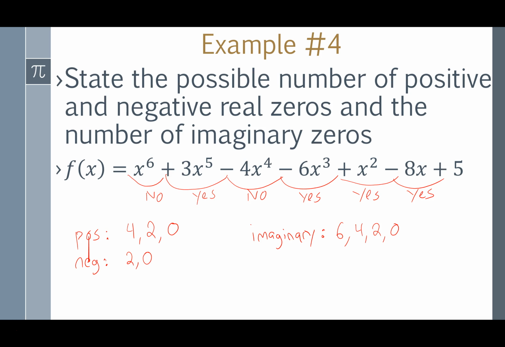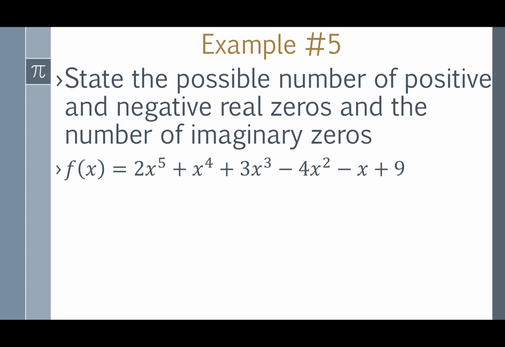Imaginaries will always come in even numbers, because they have to have their conjugate as a solution. So you'll never have an odd number of imaginary solutions, because that will not give a polynomial function. So if we have this one right here, again, we're counting yeses. So no sign change, no sign change, yes, no, and yes.